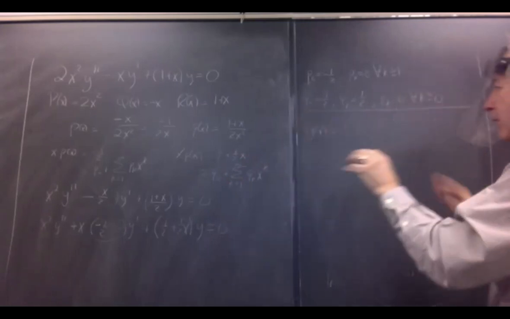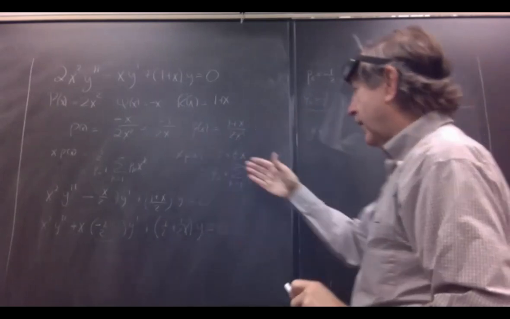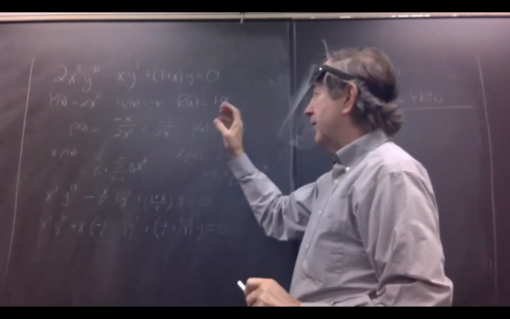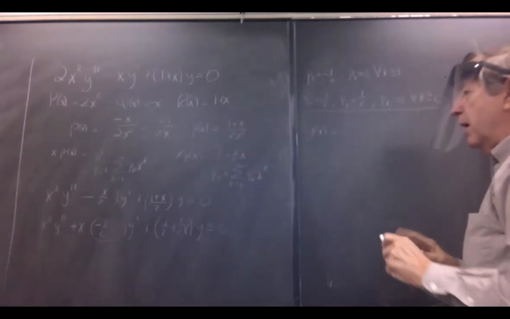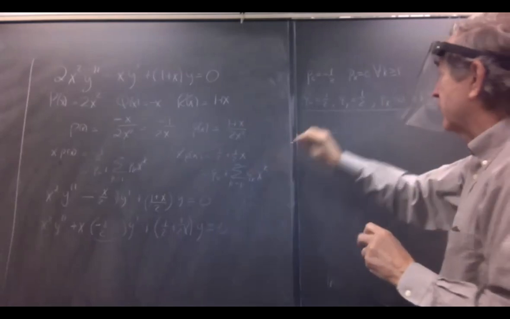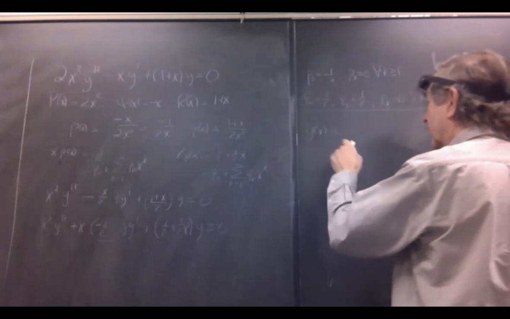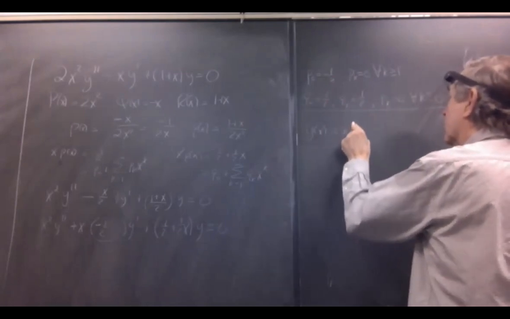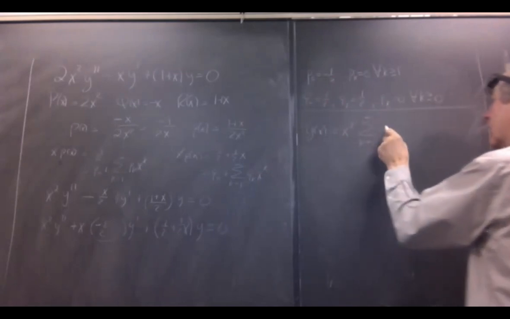In other words, we wouldn't know to play around with all this stuff. Once we've gotten that xP(x) is analytic and x squared Q(x) is analytic, okay? And there's other ways besides what I just did to find P naught and Q naught. We'll talk about that, we did the other day, we'll talk some more about that. We're going to assume the solution looks like the following thing.